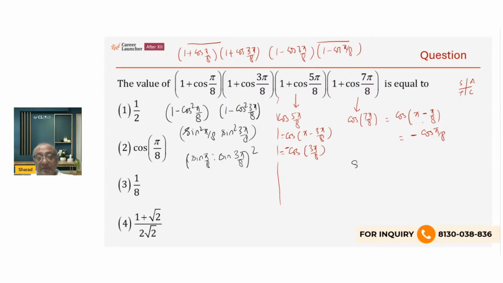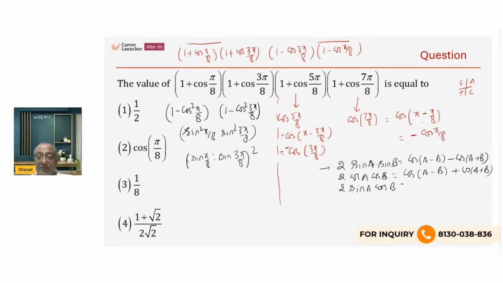After this, we must know this formula: 2 sin A sin B. Write it. This is equal to, children, cos A minus B minus cos A plus B. What is 2 cos A cos B? This I'll use, but I'll also tell you this. 2 cos A cos B is equal to cos A minus B plus cos A plus B. And what is 2 sin A cos B?